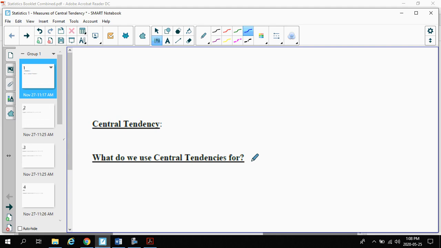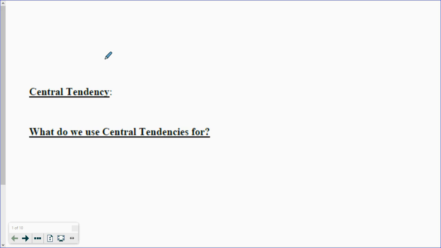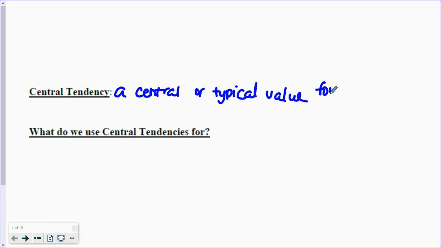So central tendency. The way that we're going to define this is a central or typical value for a probability distribution.